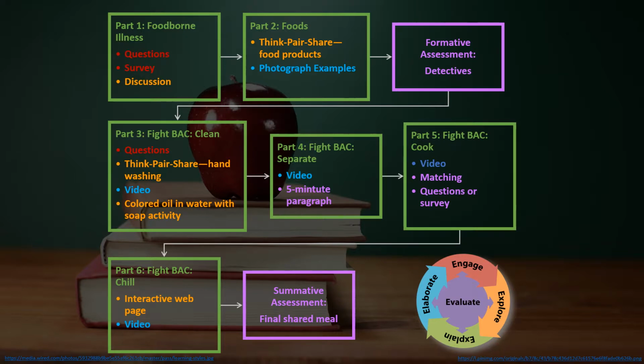For example, the red parts like questions and surveys would correspond to the Engage E. Also note that each of the parts of the curriculum content are green, and they indicate, of course, that there is some sort of teaching involved, and that would be considered explaining. And summative assessments or various end-of-class assessments like the 5-minute paragraph and so on would be considered evaluation, so they are purple.